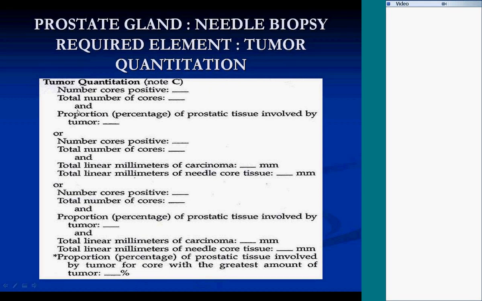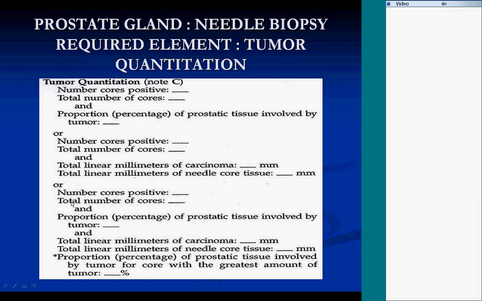And then you have an option of reporting the percentage of cancer in the tissue just by simple visual inspection, and or measuring the total linear millimeters of cancer in the tissue. So I have to say, for our urologists and physicians here, and for consult cases, I report all three parameters.